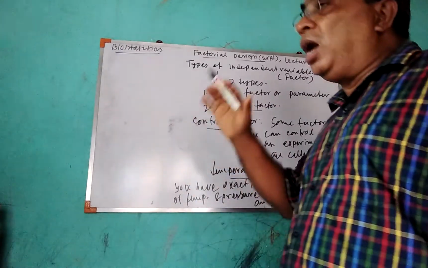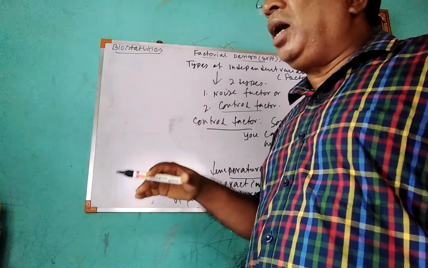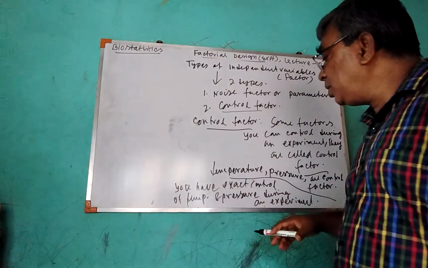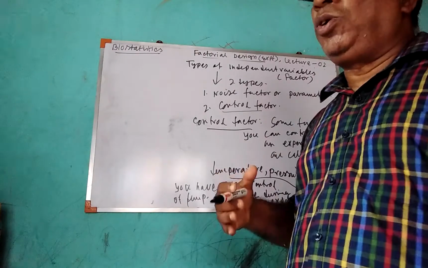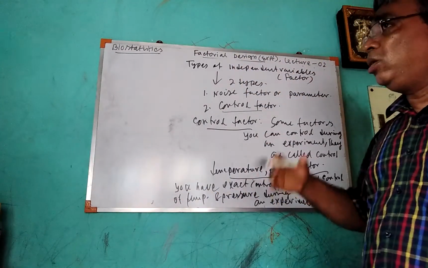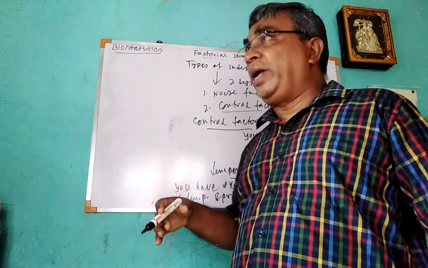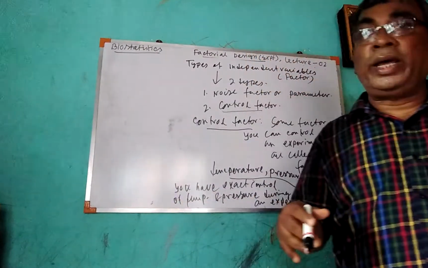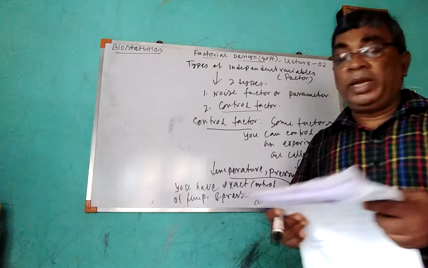That means you can raise and lower temperature and pressure while the experiment is going on. So these are the control factors, and noise factors are not controllable. This is not in your hand. I think you understood very nicely.